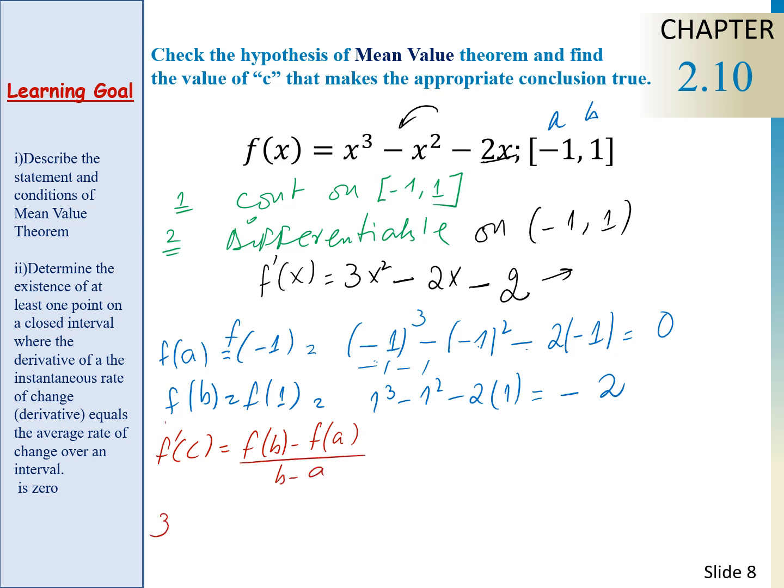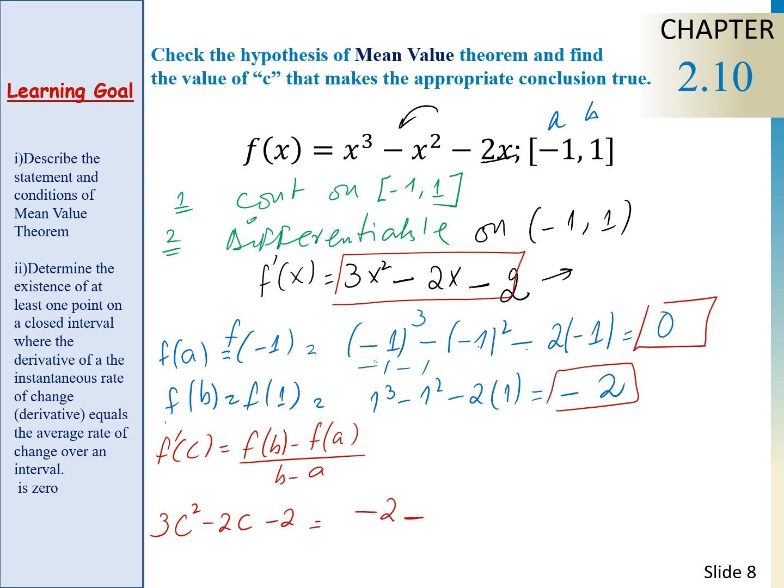Here is our f prime. Just rather than x, write the c value. 3c square minus 2c minus 2 equals f of b, which is negative 2, minus f of a, which is 0, over b, which is 1, then minus, and then a is negative 1. So negative 2 divided by 2 gives us negative 1.